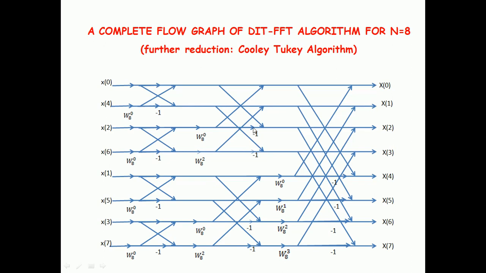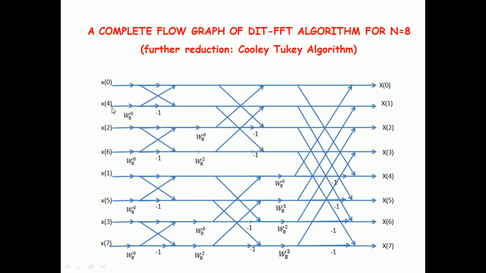Okay, this is the flow graph of the DIT FFT algorithm which we have to use to compute the DFT of a particular signal considering N as 8. In this diagram only, you can see the input signals. Can you see this input signal x of 0? Instead of x of 1, x of 4 is written.